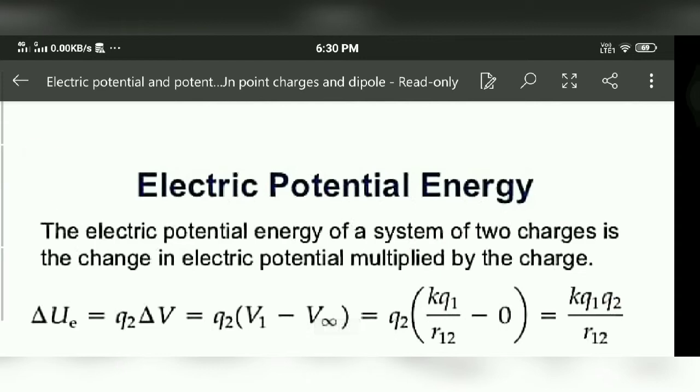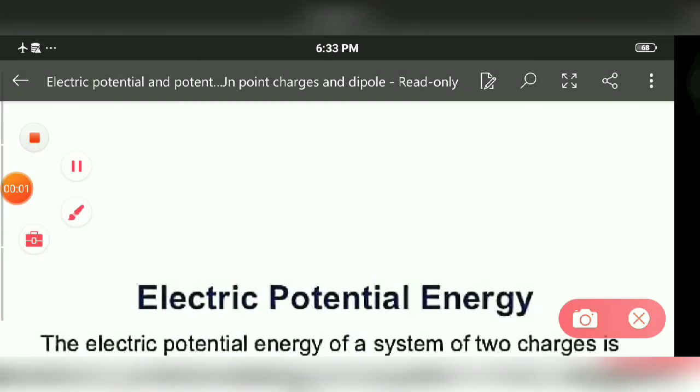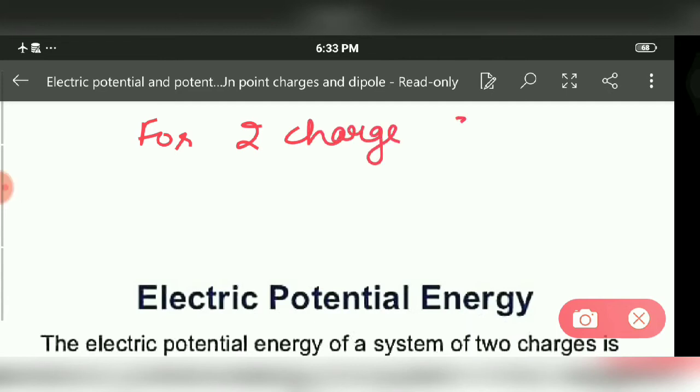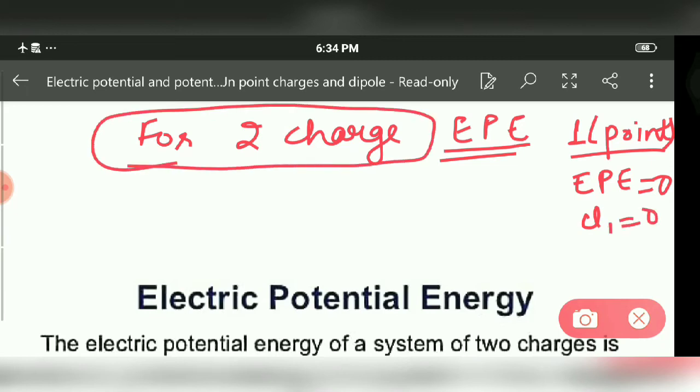Now next is electric potential energy for two charges. As for one charge or a point charge, electric potential energy is equal to 0, U1 equals 0. Now we are going to find it for the two charge system.